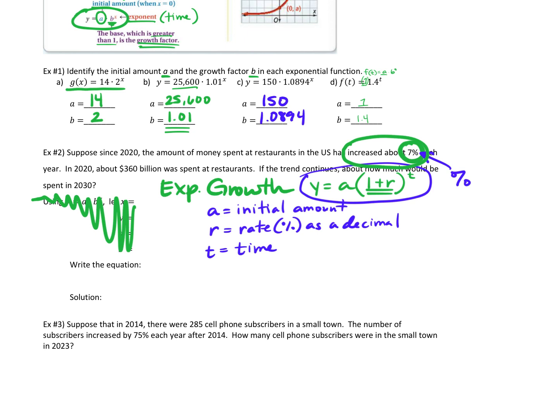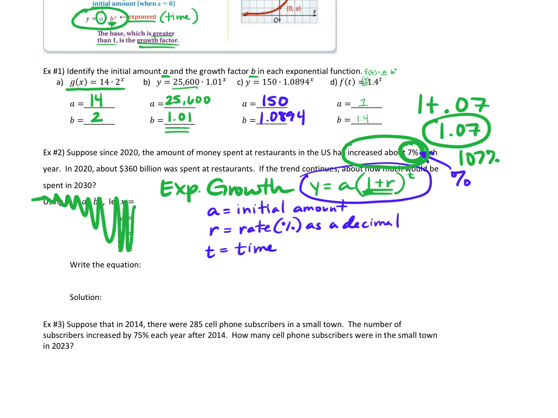It started as 100% of what we had, right? 100%, the whole thing. Now it's 107%. So that's why we add 1, because we're going to treat it like a decimal. 1 plus 0.07 is the number 1.07. That, as a percent, is 107% of what it started as.